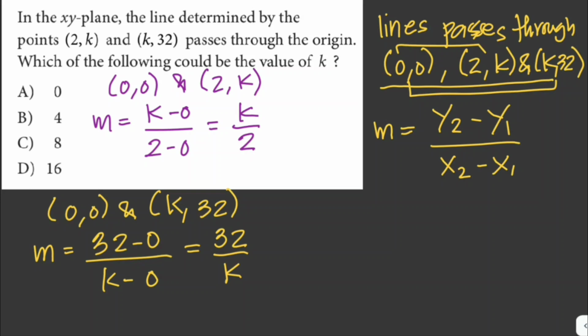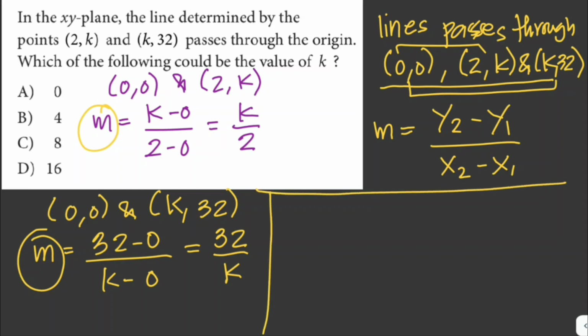Since all three points are on the same line, this slope here is equivalent to this slope here. So we can just equate them and solve for k. That would be k over 2 equals 32 over k. Then we multiply both sides by 2k.